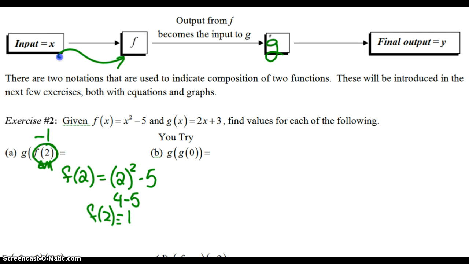And then you're going to plug that negative 1 into the g function. So g of negative 1 is going to be 2 times negative 1 plus 3. So negative 2 plus 3 is a result of positive 1. So you can write right there, g of f of 2 is 1.